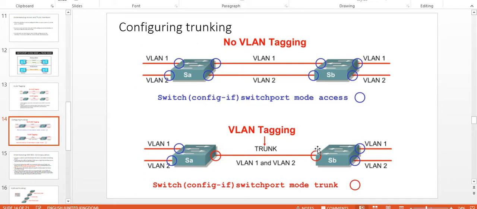There's VLAN 2 and VLAN 2 PCs, VLAN 3 and VLAN 3 PCs, connected here and there. So to make all these VLANs communicate simultaneously between switches, you will be enabling your trunk port, right? If you don't enable this port and you are using your access mode, then there would be only one VLAN possible. Either one or two, at a time only one VLAN's communication can happen. Here your packet will be dropped, right?